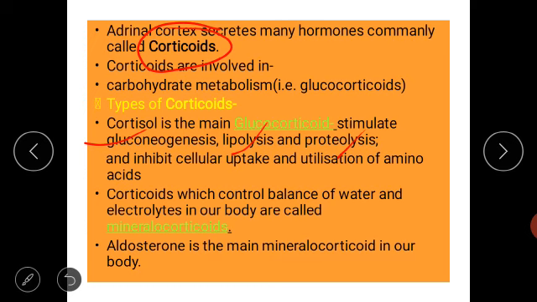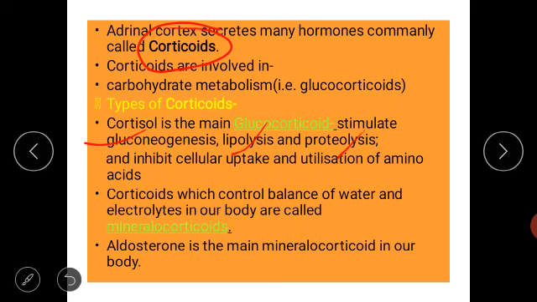Aldosterone is the main mineralocorticoid in our body. So aldosterone is the main hormone and it comes in the category of mineralocorticoid.